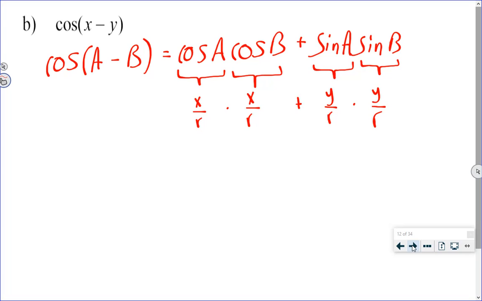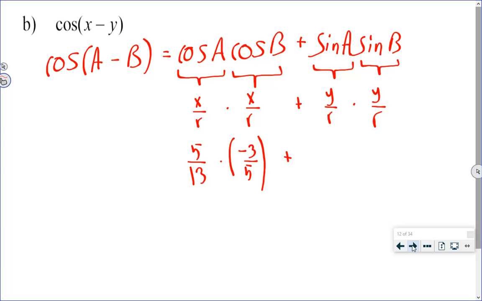Please let me know if for angle A, x is 5 and r is 13. Is that correct? Okay. For cosine of B, x is negative 3 over r, which is 5. Is that correct? Okay. So I got it sorted out in my head.